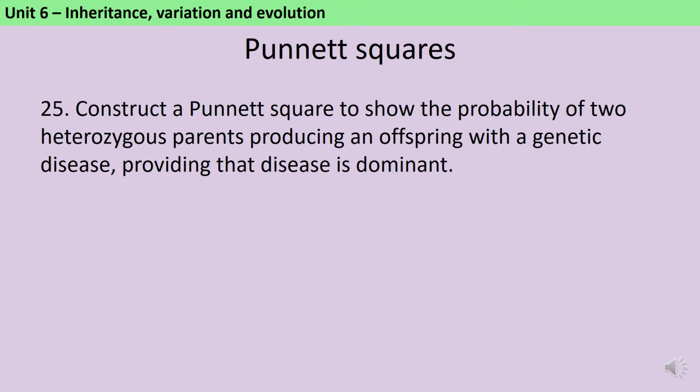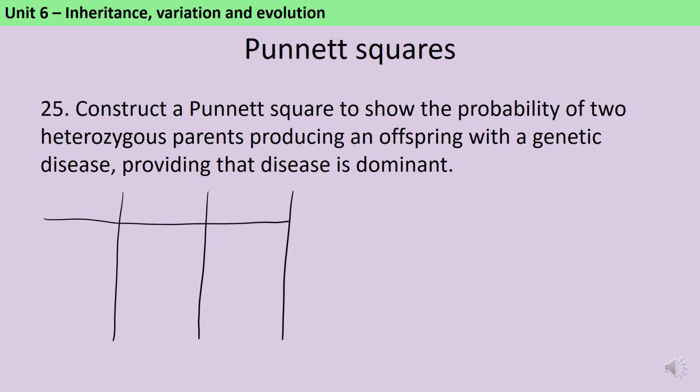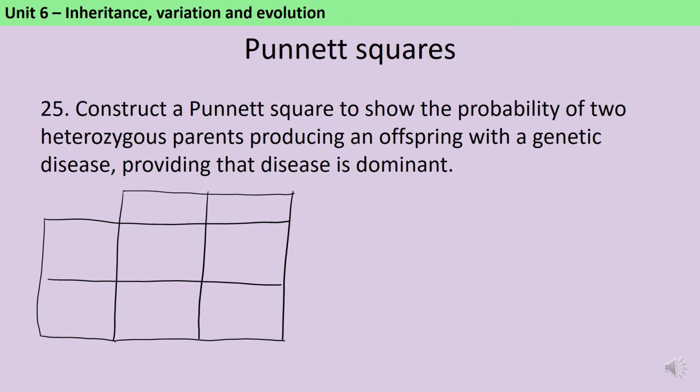Similarly, we could be asked to form a Punnett square for heterozygous parents who are carrying a dominant disease. And remember, this means that you only need one copy of the allele in order to have the disease. So again, my parents are heterozygous. Here I'm going to use the letter B because, again, it's very easy to distinguish which is capital and which is lowercase.